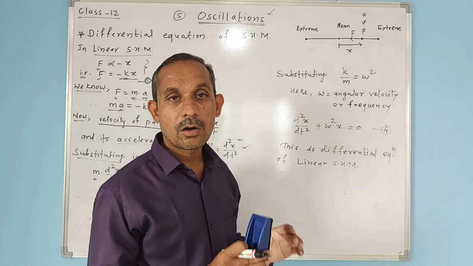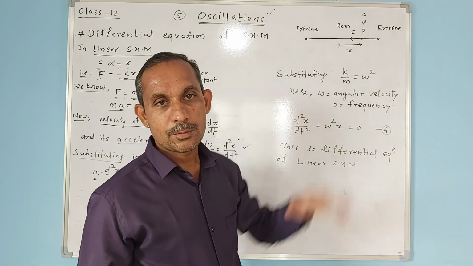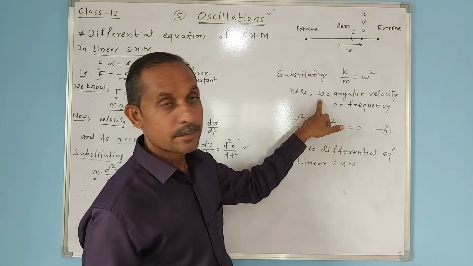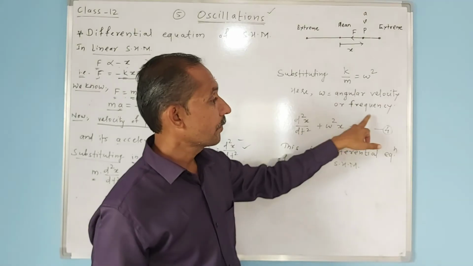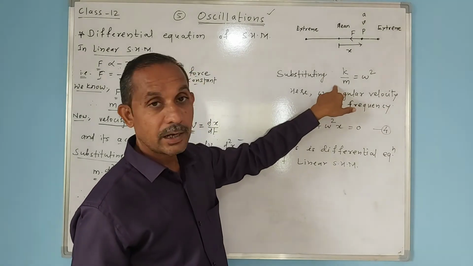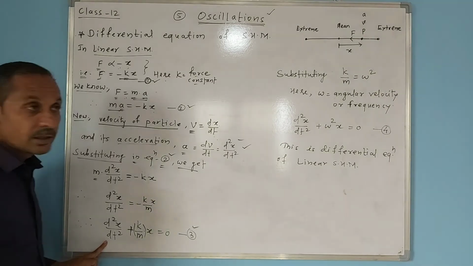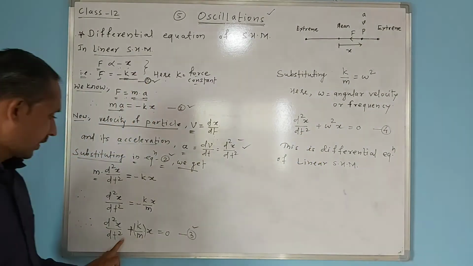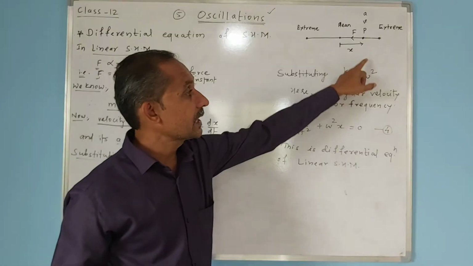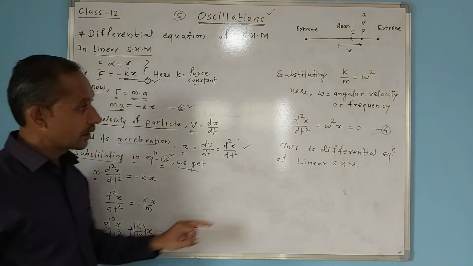Omega is the angular velocity or angular frequency of the body performing simple harmonic motion. Placing this value instead of k/m, we get d2x/dt square plus omega square multiplied by x is equal to 0.